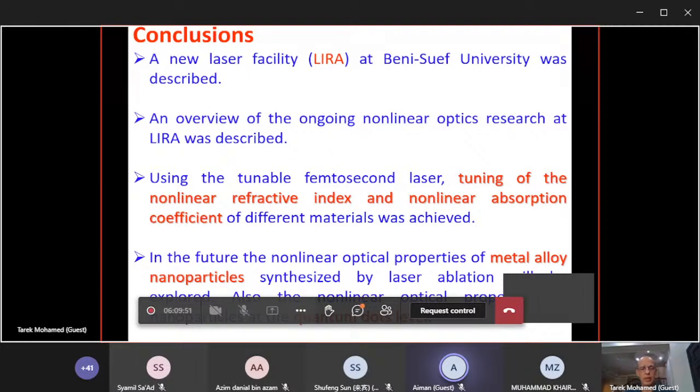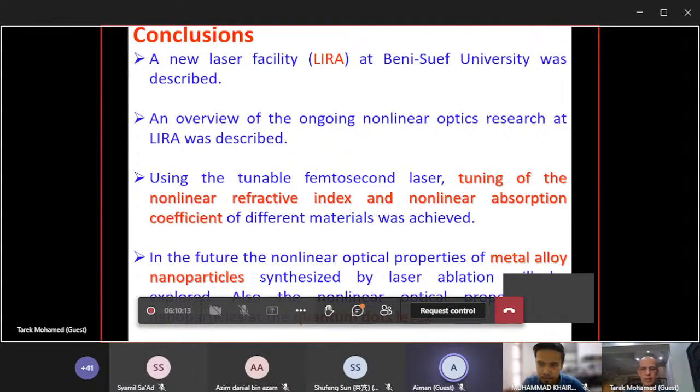We could tune the nonlinear optical properties by tuning the excitation femtosecond laser. We use the benefits of the femtosecond laser, so we could tune the excitation wavelengths, and subsequently tune the nonlinear refractive index and nonlinear absorption coefficient.